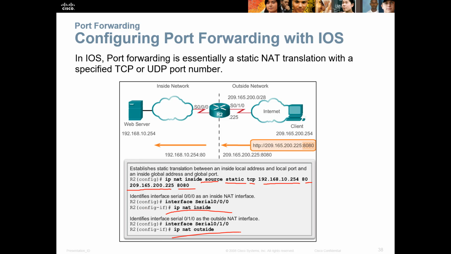And then again, apply NAT to the appropriate interfaces so it knows where the translation will occur. That way, anything coming in on port 8080 will automatically, once it comes in, be forwarded to that port and translated or sent directly to that address.